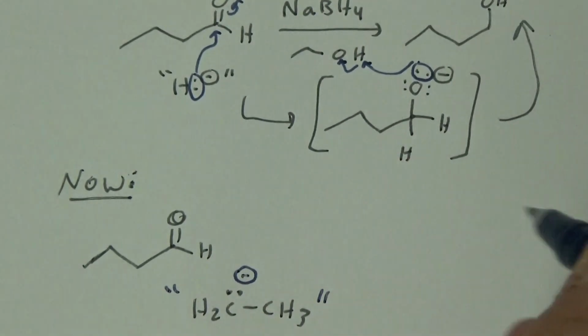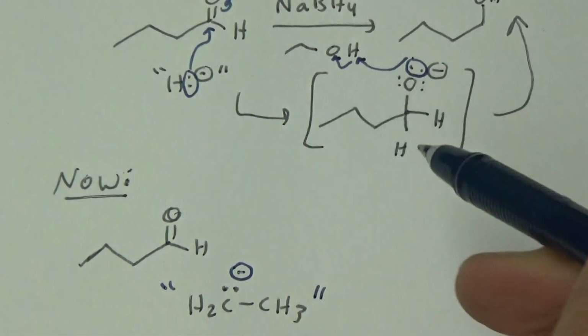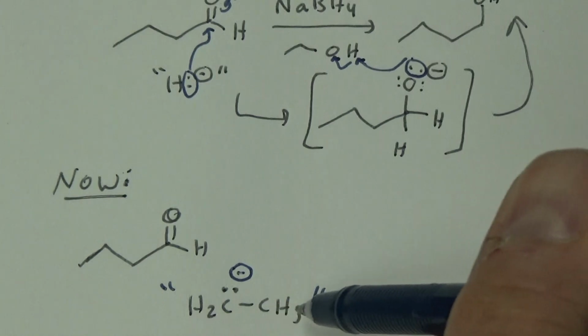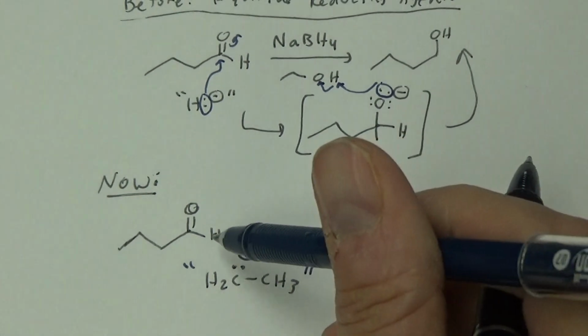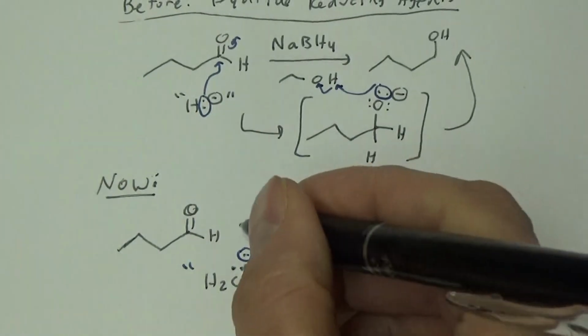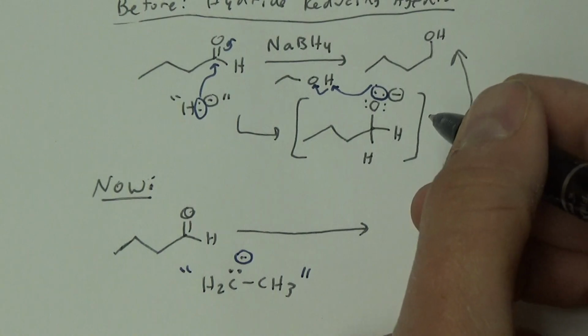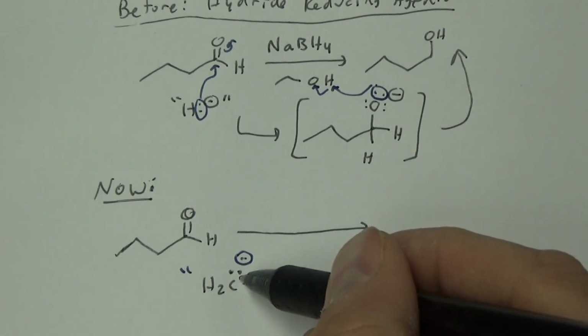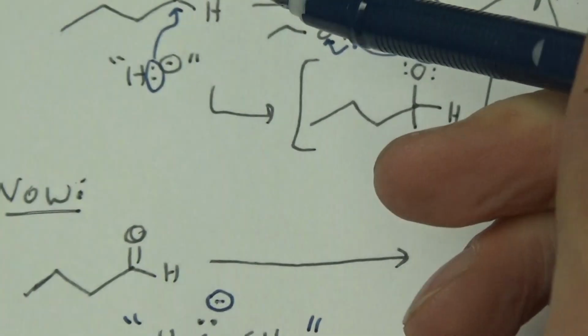Let's put quotes around it because there's a little more complexity to this, just as there's a little more complexity to this. But if you have ethyl minus, what would it make? And where would it attack? Carbon with a minus charge. Where's a carbon with a minus charge going to attack in this molecule?